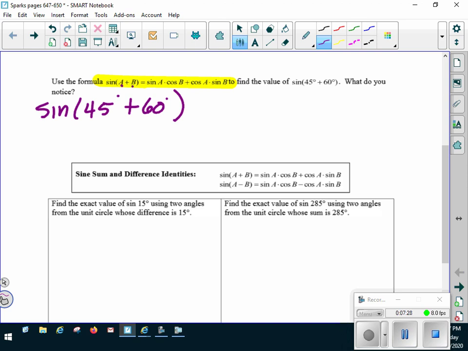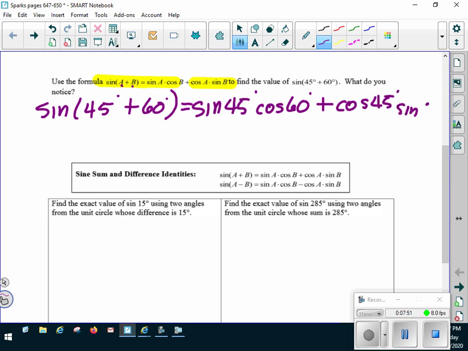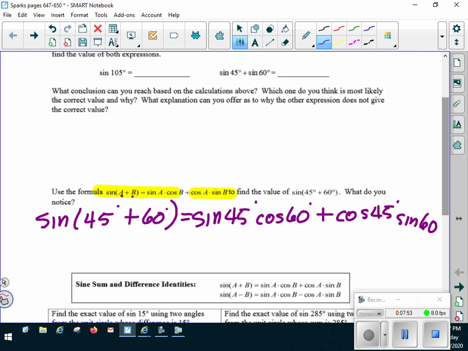So here's the way we're going to do this. Let me make myself a little more room here. Now I'm going to say how I think through this formula, okay? It's the sine of the first times the cosine of the second plus the cosine of the first times the sine of the second.